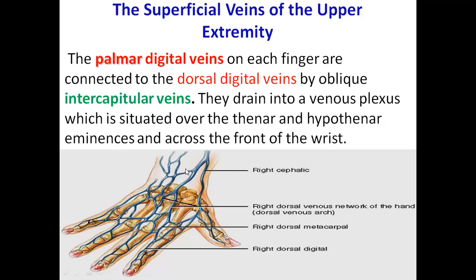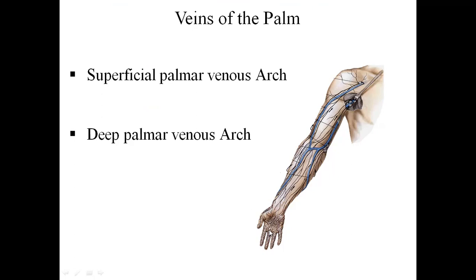Then the superficial veins of the upper extremity: the palmar digital veins of each finger are connected to the dorsal digital veins by the oblique intercapitular vein. Try to understand this. This is the dorsal digital vein because you are seeing from the dorsum of the hand. Suppose if this is the palmar aspect, these are the palmar digital veins.